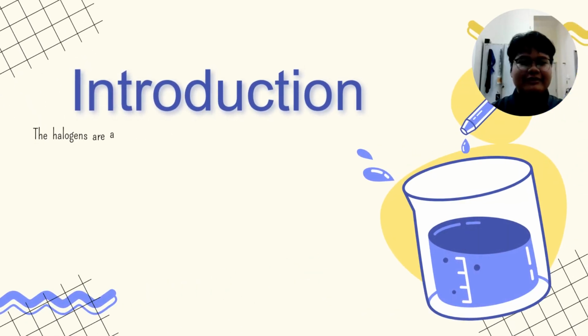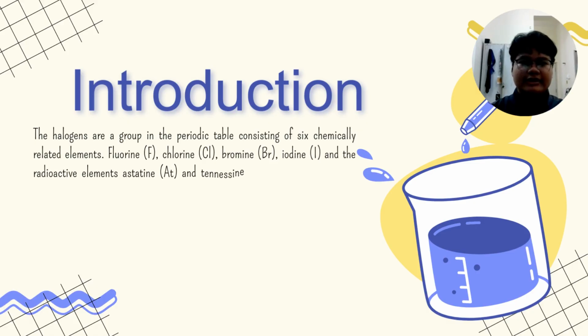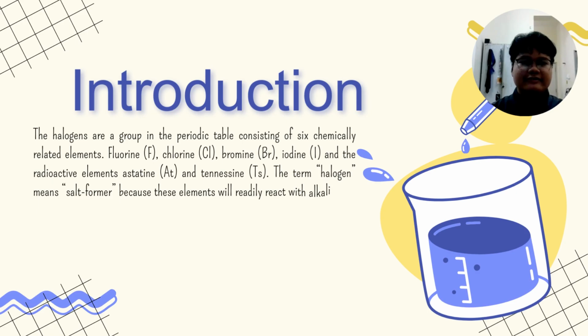First of all, for the introduction: the halogens are a group in the periodic table consisting of six chemically related elements: fluorine, chlorine, bromine, iodine, and the radioactive elements astatine and tennessine.